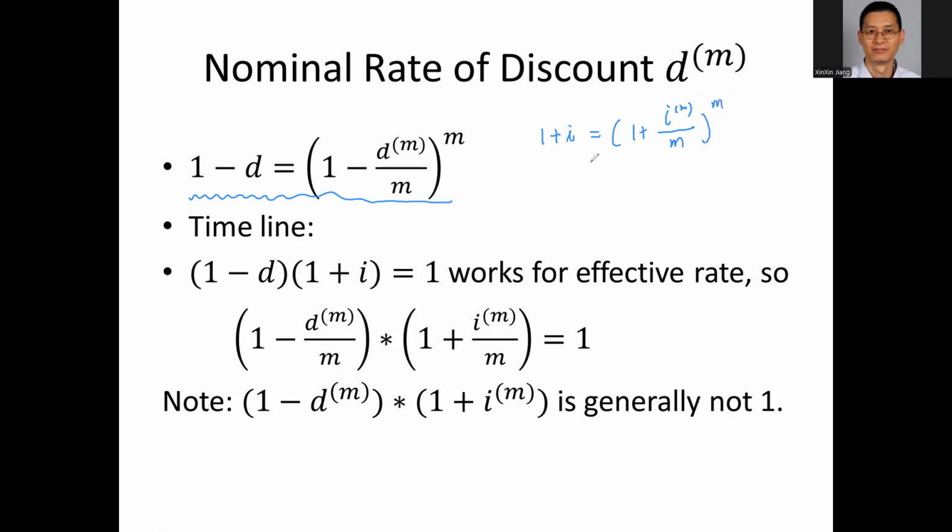So we have this relation. And for discount, we have this relation. This is the nominal rate divided by m. So this will be the effective discount rate per time period. That's what it means.